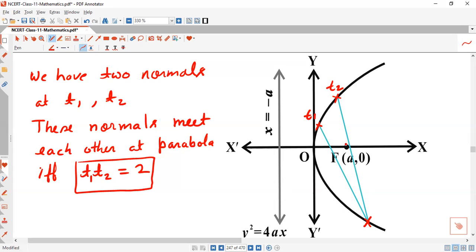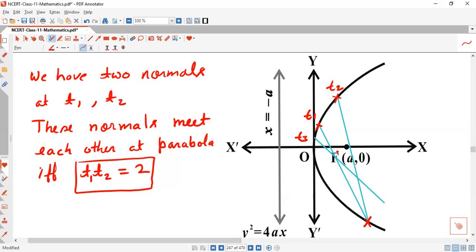Naturally, they will meet somewhere. They meet outside the parabola also. If T1 T2 is not equal to 2, they will not meet at the parabola. You draw some other normals, they will meet outside the parabola. Here T3 is there, and I draw one more normal at the point T3.